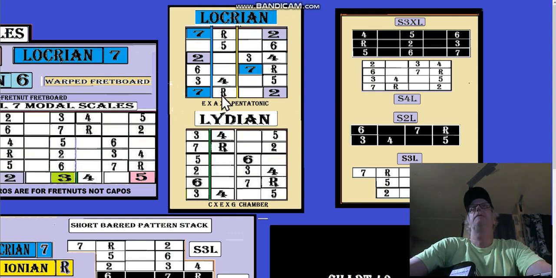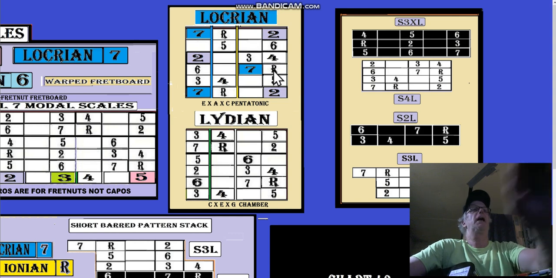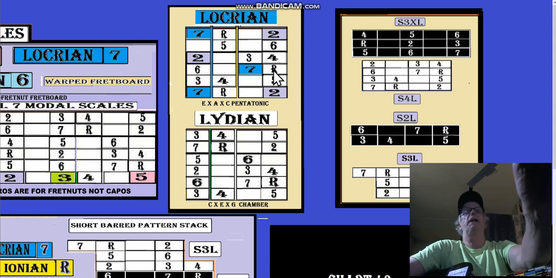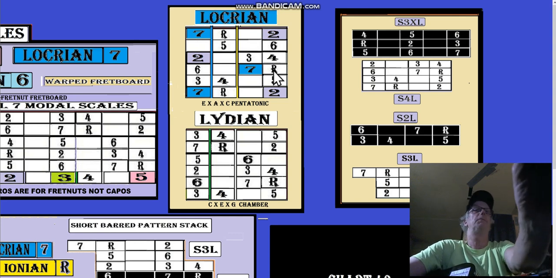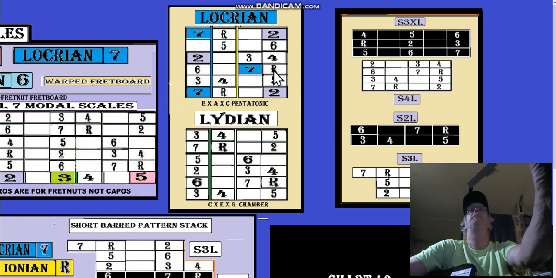Say in the Locrian, we have 7, root, 2, 3, 4, 5, in the key of C: 7, root, 2, 3, 4, 5, 6, 7. The important thing to remember is these numbers are in terms of the root. So the actual half-diminished triad root position would be 7, 2, and 4, right?